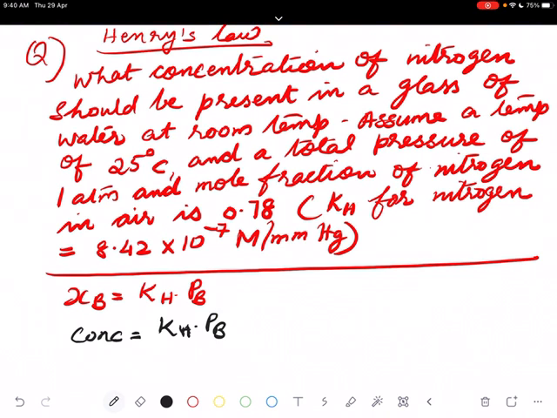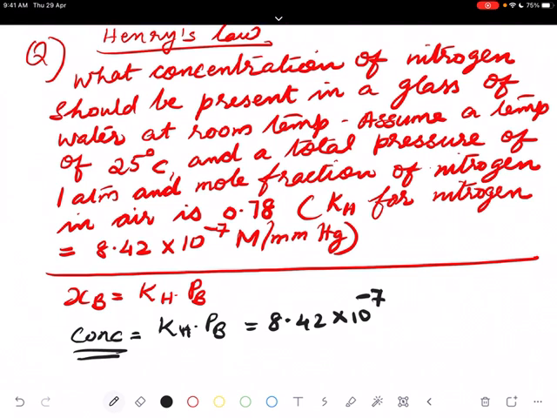What concentration of nitrogen should be present? So it is equal to KH into PB. What is KH? KH is equal to 8.42 into 10 to the power minus 7. And PB is the partial pressure of nitrogen.